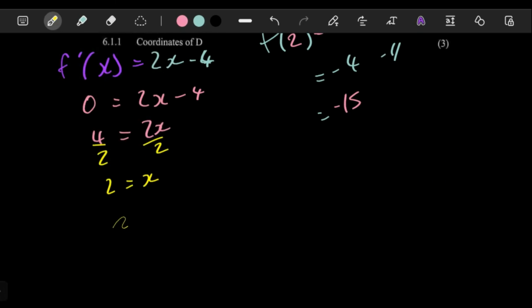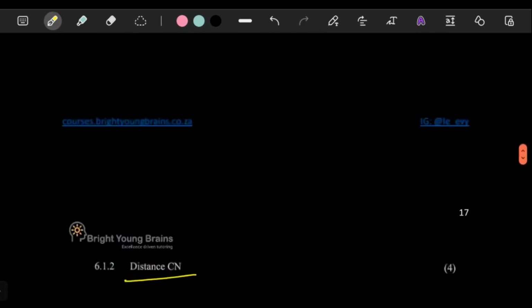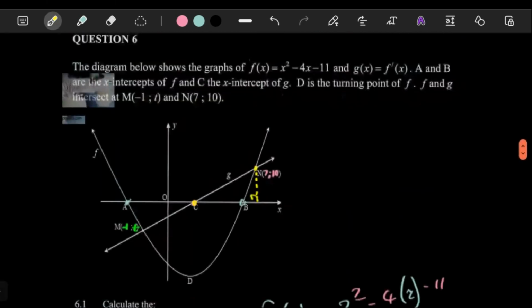But yeah, it cannot. So for 4 marks, we need to determine the distance of CN. C is a point on the straight line, and N is a point on the parabola. With the straight line, the unfortunate thing is we don't have any information.